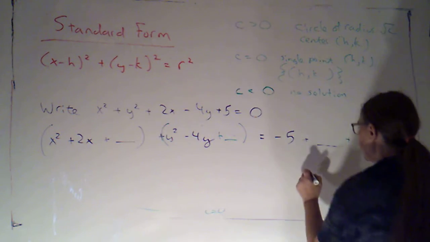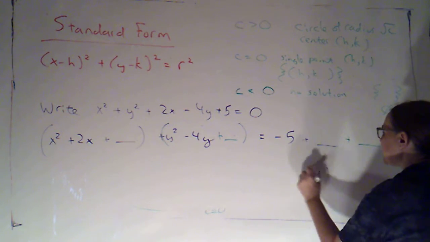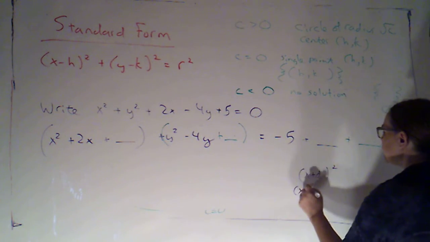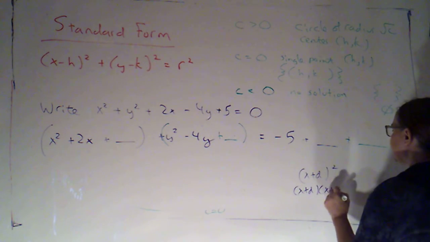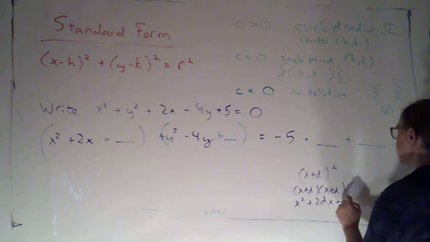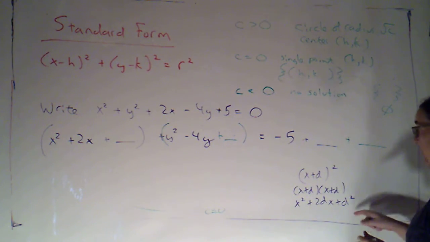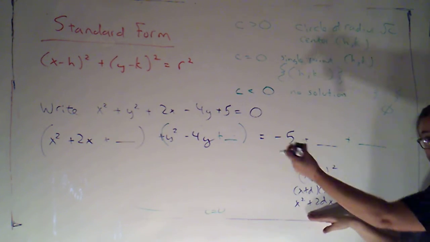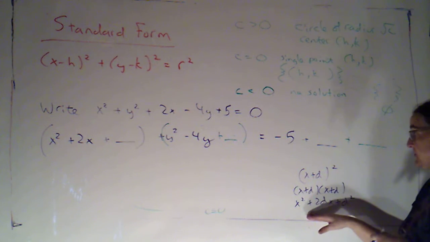Okay, I like to just have written down x plus a number squared, and I just call it d because I don't know what it is. That's x plus d times x plus d. That's x squared plus 2dx plus d squared. So if this part is going to match this formula, I need 1x squared, and I have 1x squared.